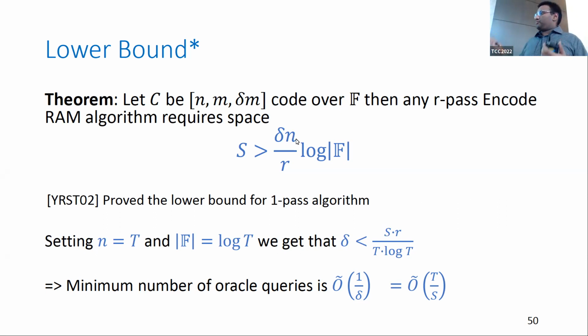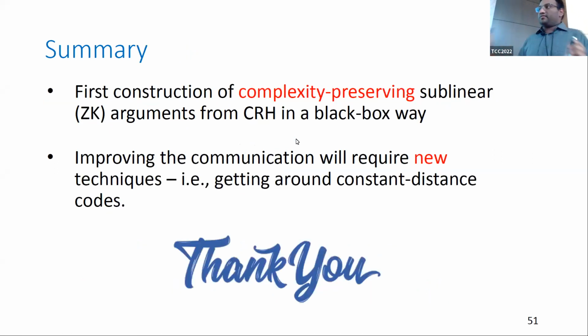We show it for an R-pass algorithm. Because we want a prover to be complexity preserving, we set n equal to T, and we get delta as SR by T log T. Because the proof size is based on the number of minimum oracle queries, we get the lower bound as T by S.